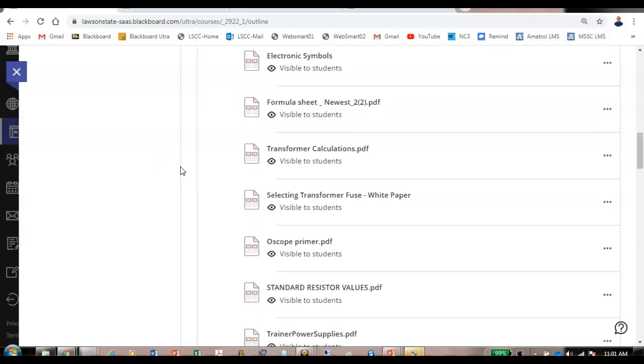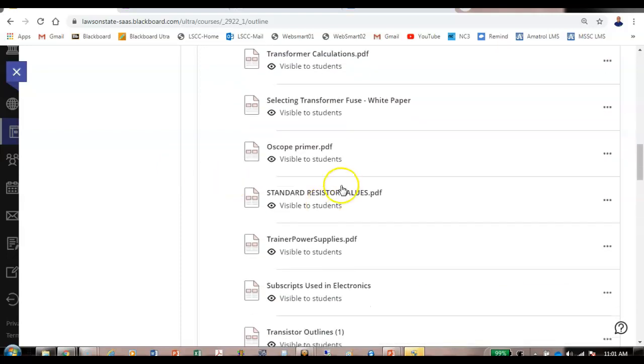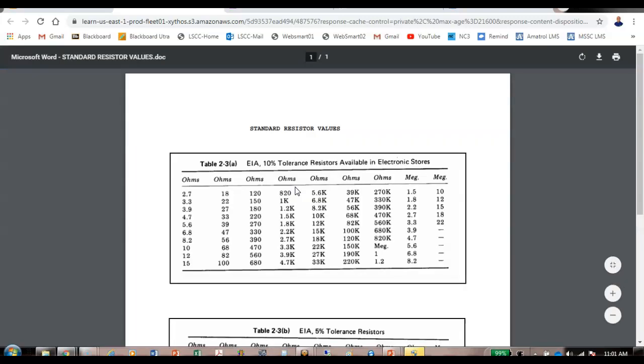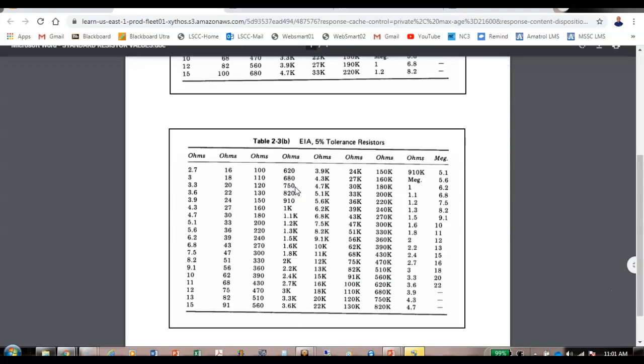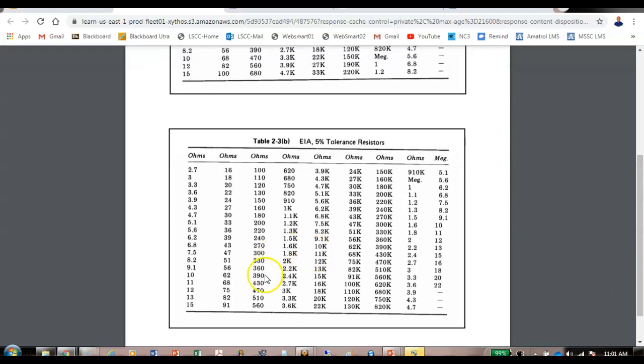So we look at our standard resistor chart, and then we would round, and then we would come back and recalculate. With the 5% values, the closest thing to 533, which means we would probably round down, is a 510 ohm resistor.